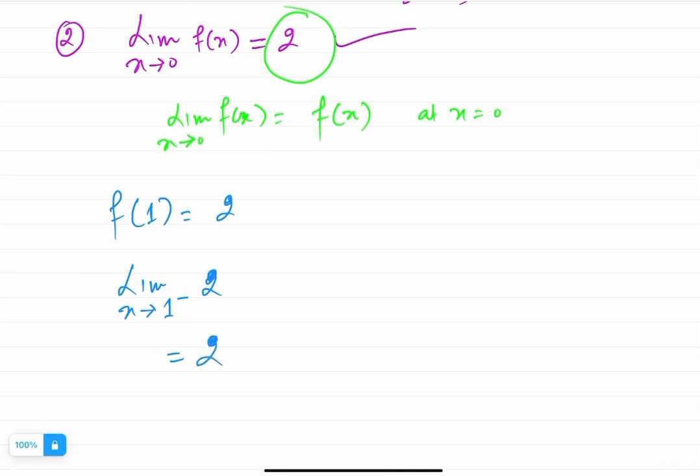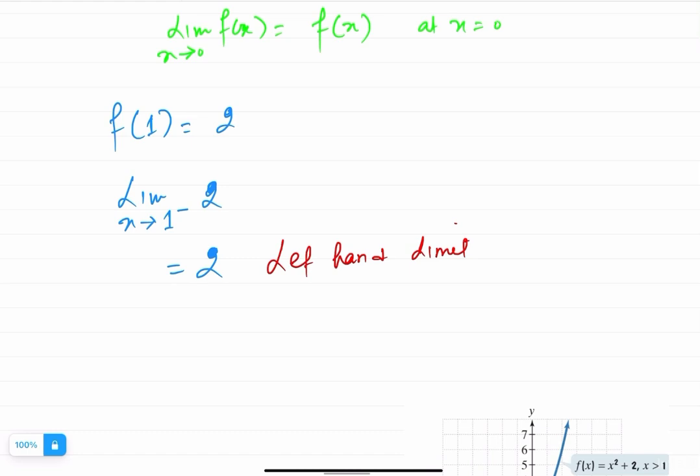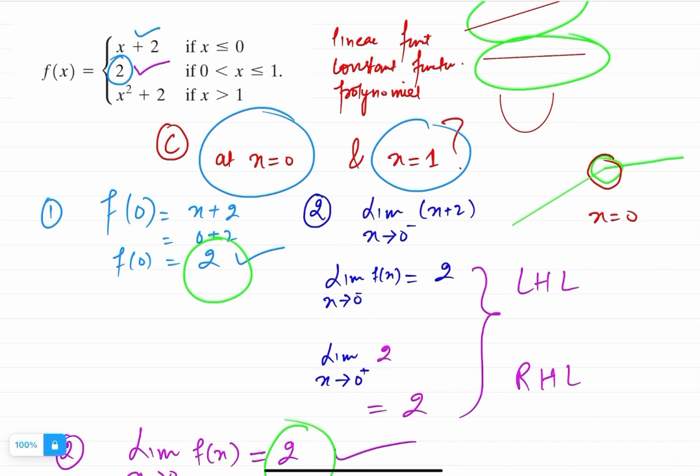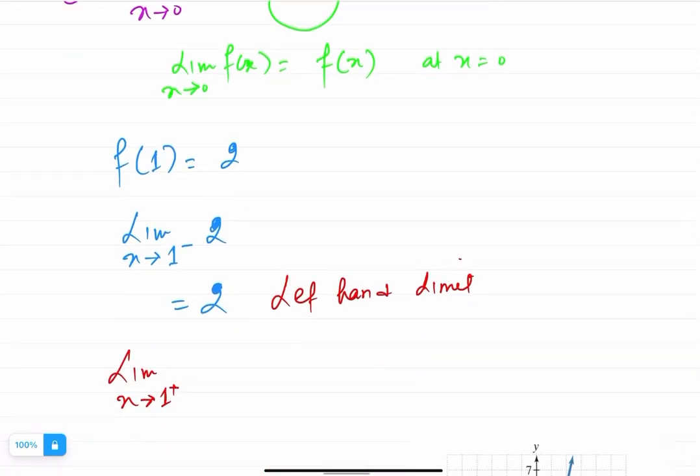Left hand limit will be 2. Now we have to check the limit x approaching 1 from the positive side. For this we will take the piece that is greater than 1. For x greater than 1, the third piece is defined, that is x squared plus 2.